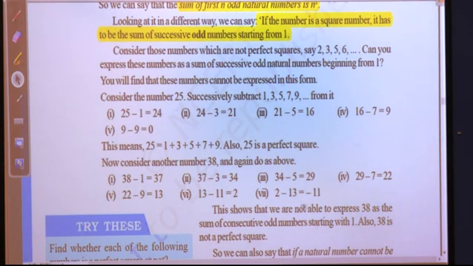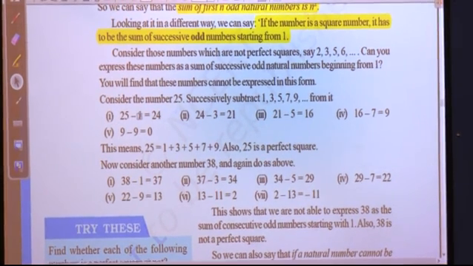I hope you have understood the difference between both of them. What have they done? They have considered the number 25 and successively subtracted 1, 3, 5, 7, 9 from it.